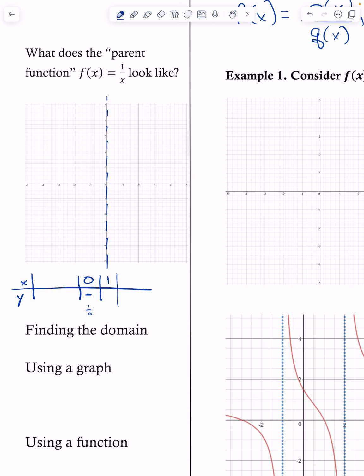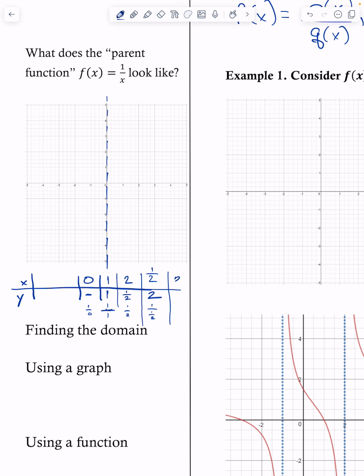So I got 1, which is 1 over 1. It gives me a 1. I can stick in 2. I get 1/2. I can stick in 1/2, which gives me 1 over 1/2, 1 divided by 1/2, which gives me a 2.